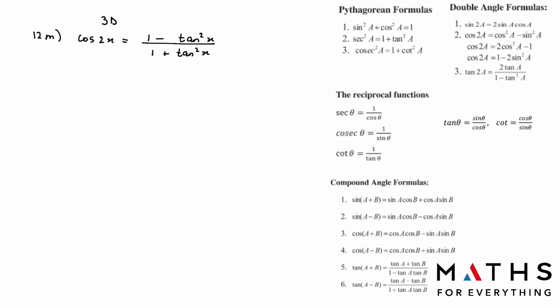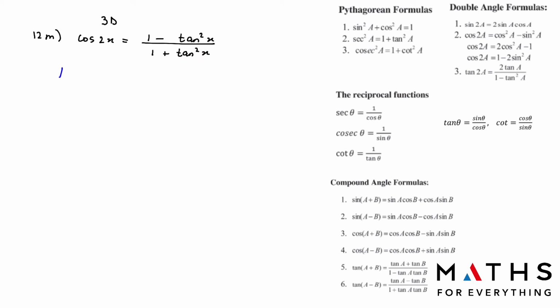We have been given the double angle cos 2x is equal to 1 minus tan square x over 1 plus tan square x. For the double angle, we can change it into any one of it and it will be fine. But from the double angle, if I have to change it to this form, it's going to be difficult.